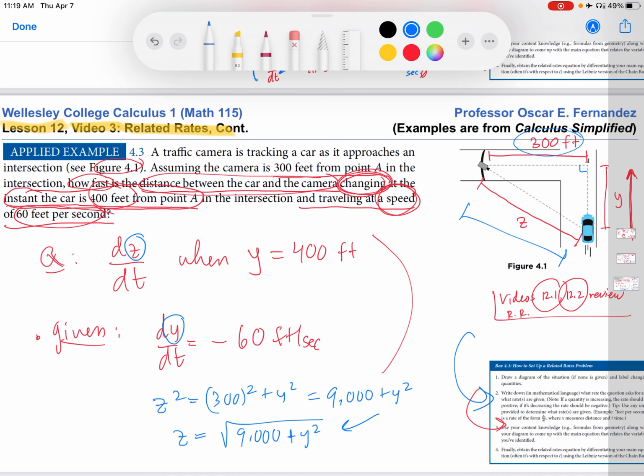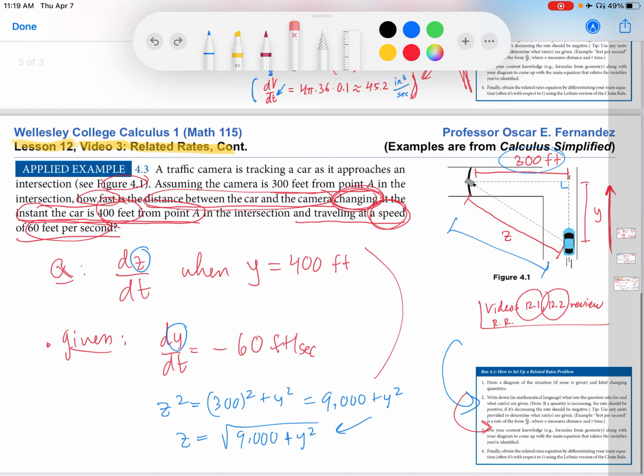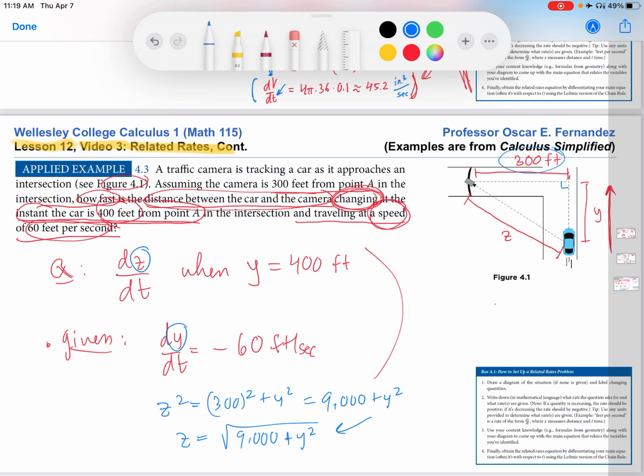And now what I have to do is find the derivative of z with respect to t. We've talked a few times now about whether you use the Leibniz version of the chain rule to do this, or the version of the chain rule that uses y of t and z of t. I'd like to use the Leibniz version. It's a little cleaner. So I'll say dz dt is dz dy, right?